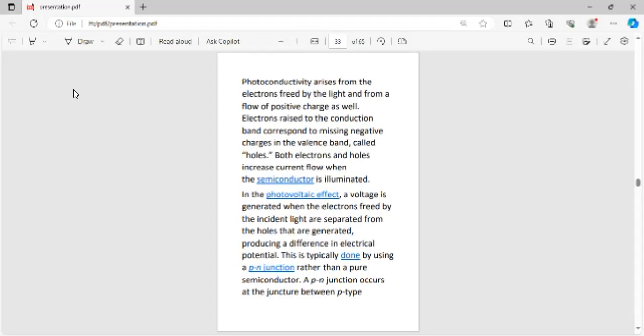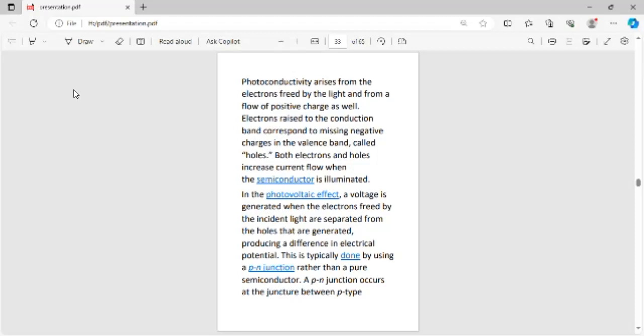Electrons raised to the conduction band correspond to missing negative charge in the valence band. These are typically called holes. Both electrons and holes increase current flow when the semiconductor is illuminated, as shown in the photovoltaic effect. In the photovoltaic effect, a voltage is generated when the electrons freed by the incident light are separated from the holes that are produced, producing a difference in the electrical potential.